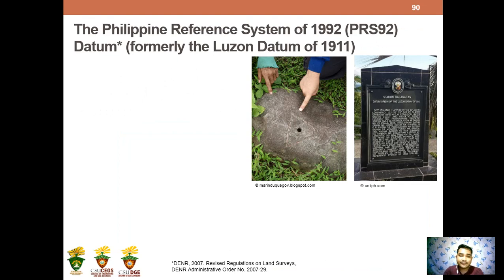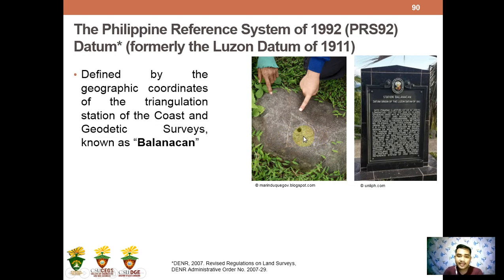So the Philippine Reference System of 1992 or PRS92 datum. Formerly it was the Luzon datum of 1911. So it looks like this, at Station Balanacan. This is where the mapping and surveying coordinates were referred in the Philippines, located in Mount Mugpog, Marinduque Province.